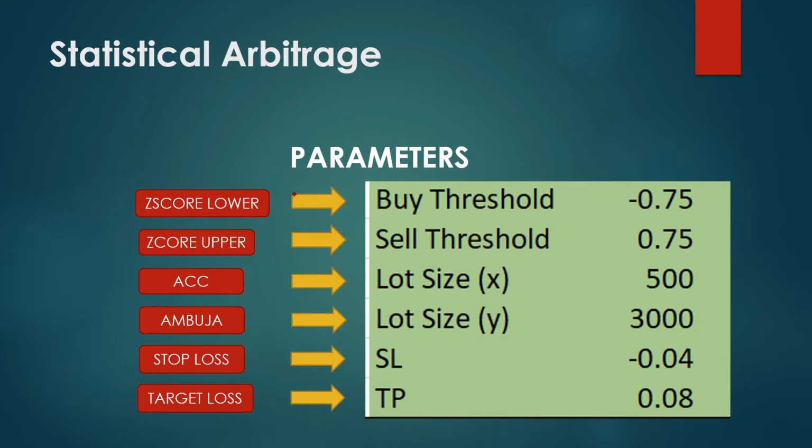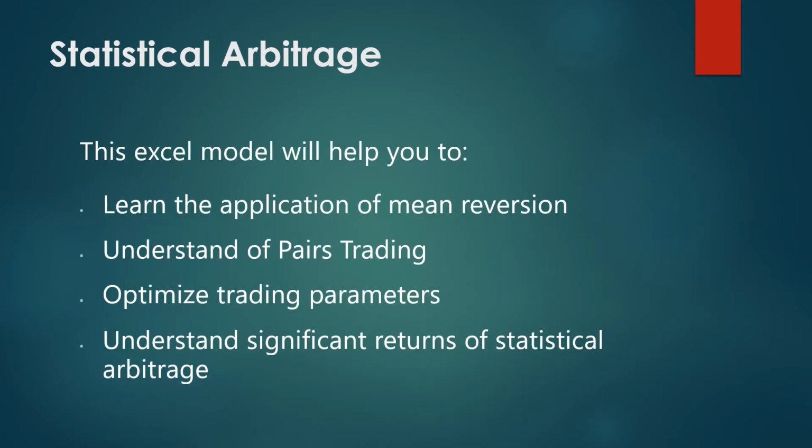There can be many ways of defining when to take profits, depending on your risk appetite and backtesting results. This Excel model will help you learn about the application of mean reversion, and it will give you clarity on pair trading and how to optimize trading parameters to get a significant return on statistical arbitrage.